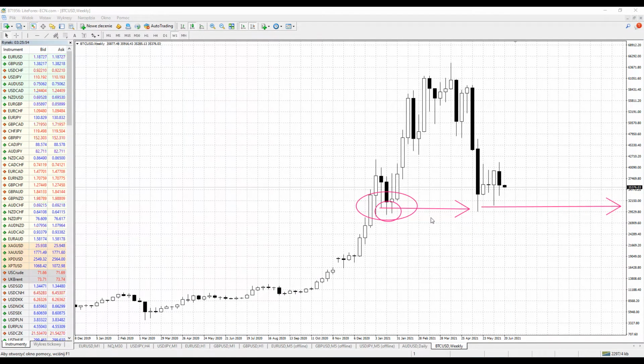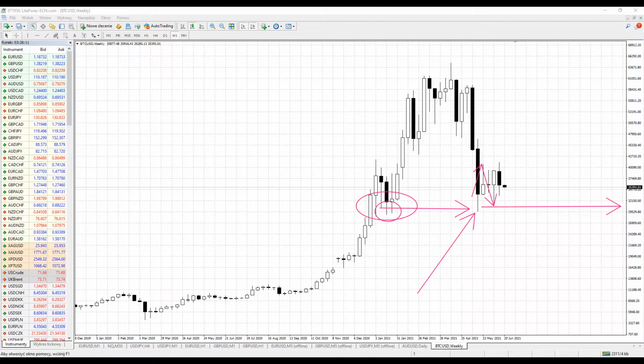To be honest with you, we've seen some kind of demand over here, right? We've seen the market was trying to go higher and then retesting this very significant level.